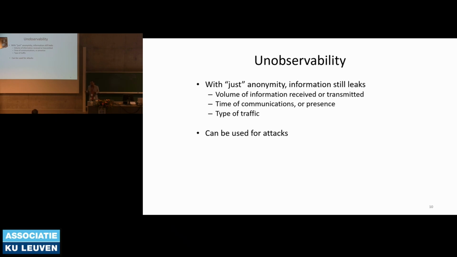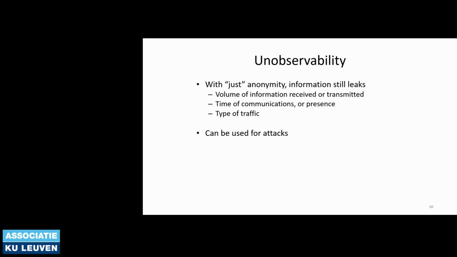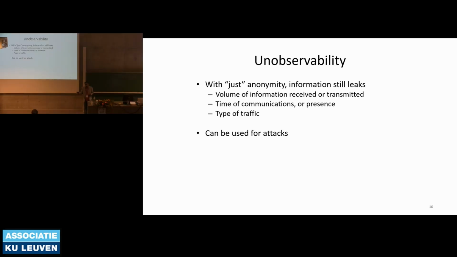So basically, most of the time, unobservability translates to that people cannot observe how you use the system at all. And that's generally difficult to achieve. I don't know any practical systems that achieve unobservability really well.